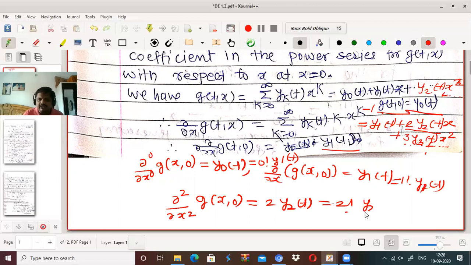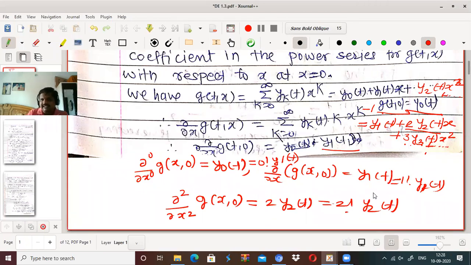Then next, ∂³/∂x³ of g(x, 0) becomes 3 factorial into y3(t), and so on. So in general, y0(t) is the zeroth derivative of g at x equal to 0.